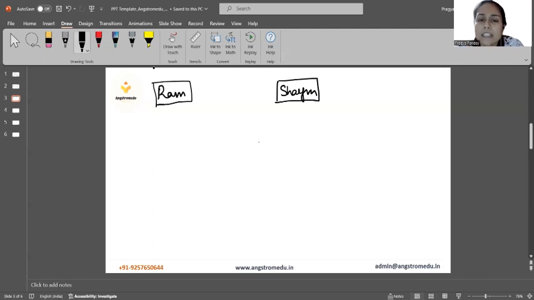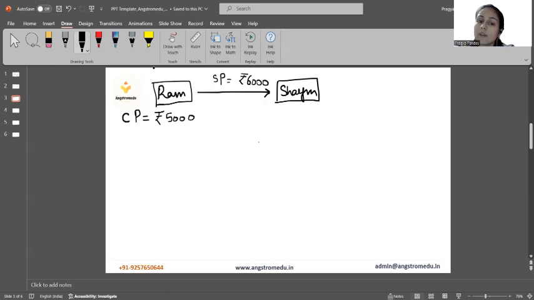And Ram has something with him, let's say books, which cost around 5,000 to him. Now he wants to sell this to Shyam at a price of 6,000.